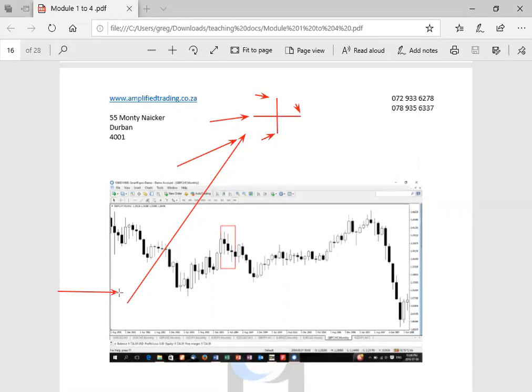In order for you to make a profit, like I said with the laptop example, I buy a laptop for 1,000 Rand. In order for me to make a profit, I don't care what the value of the laptop is. The laptop value could be 20,000, it could be 13,000 Rand, and I bought it for 1,000 Rand. But if I haven't cashed out, which means I haven't closed my trade, I haven't made any money, right?